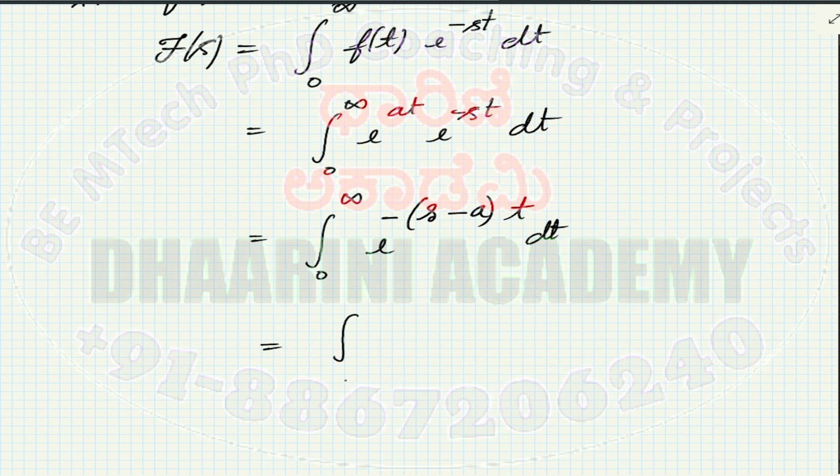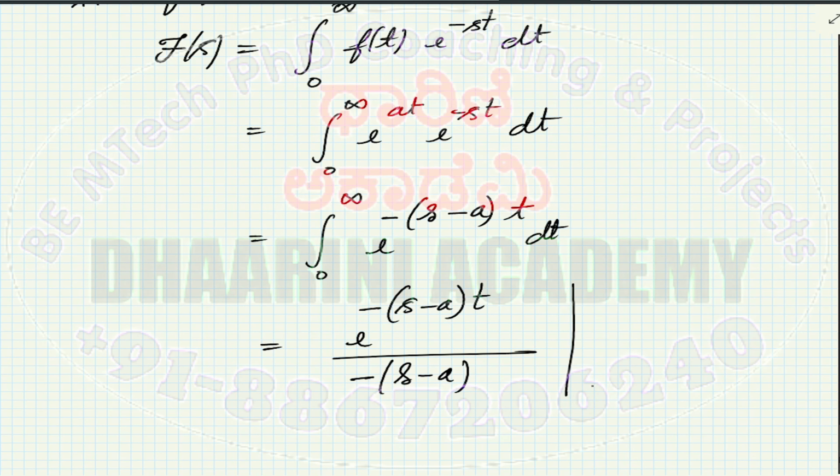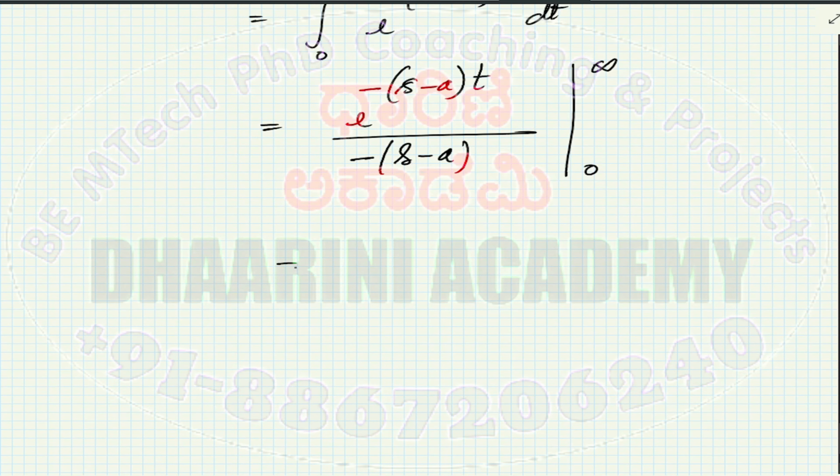I don't need the integration sign now, I can directly get the answer. So e to the power minus of s minus a times t, whole divided by minus of s minus a, substituting the limits from 0 to infinity for t. So I will write minus of 1 divided by s minus a into, when you put infinity, e to the power minus s minus a into t is e to the minus infinity, which is 0, minus, when you put 0, this becomes e to the power minus 0, which is 1.